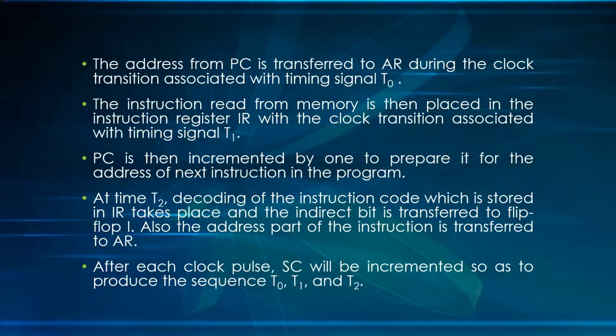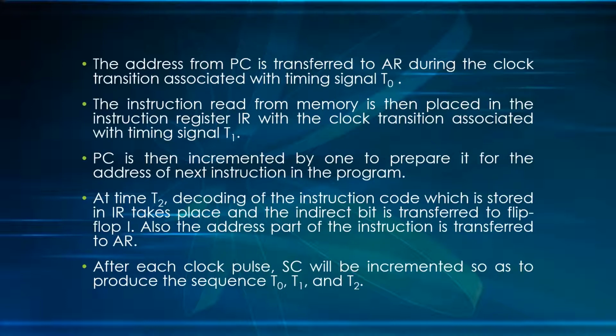The address from PC is transferred to AR during the clock transition associated with timing signal T0 because only AR is connected to the address inputs of memory. The instruction read from memory is then placed in the instruction register IR with the clock transition associated with timing signal T1. PC is then incremented by 1 to prepare it for the address of the next instruction in the program.